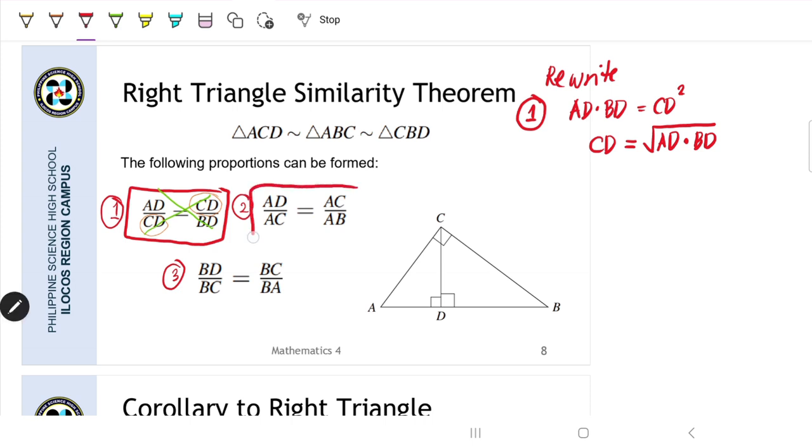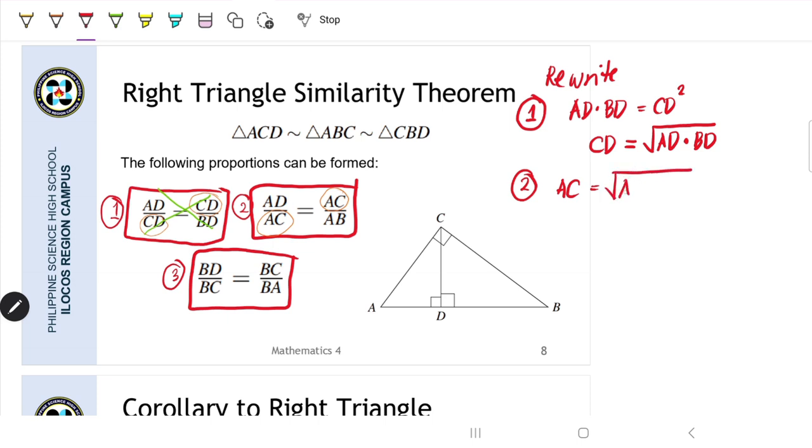Similarly, we can do the same for proportion 2 and proportion 3, because in proportion 2, we have AC on both sides. Using the same method to solve for AC, I can say that AC is equal to the square root of the product of AD times AB.